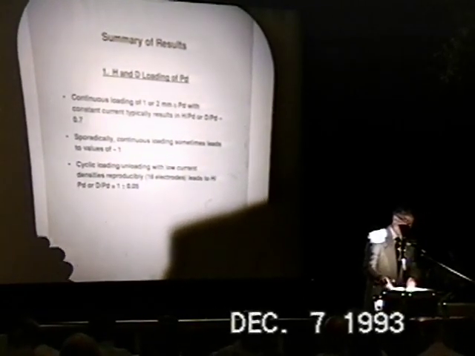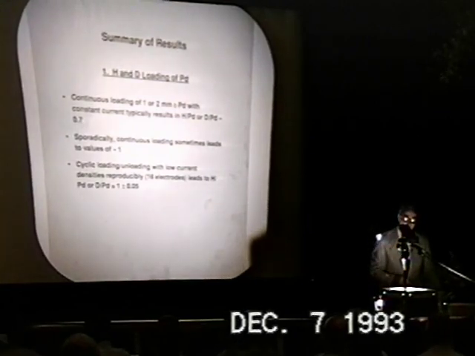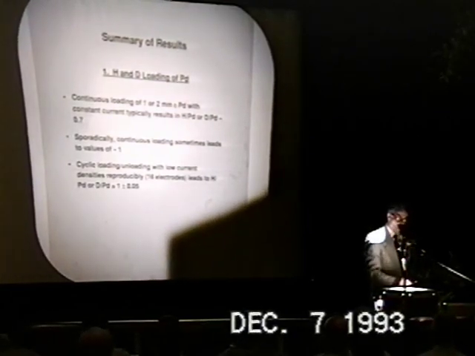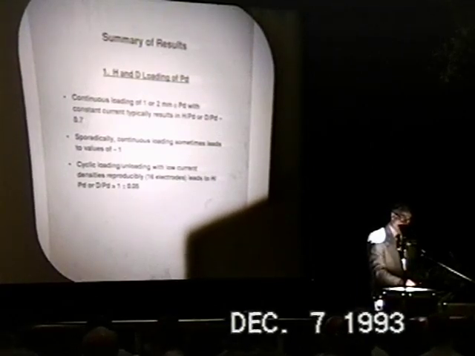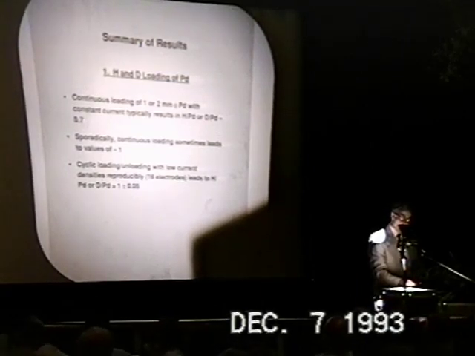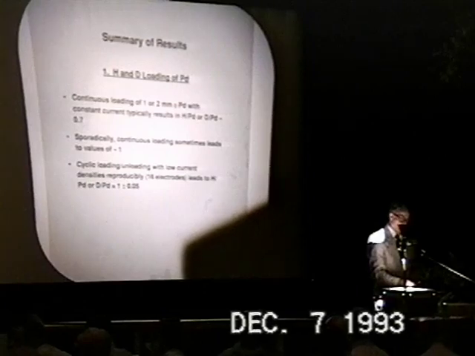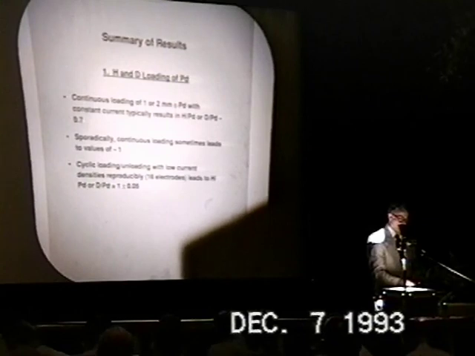Here is a preview and summary of the results obtained. First, to the question of loading. When continuously loading 1 or 2 millimeter diameter palladium with a constant current, we obtain typically loading ratios of about 0.7.